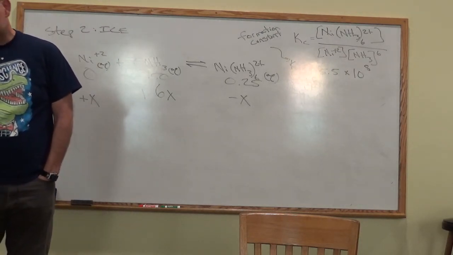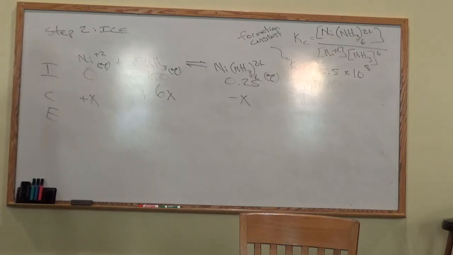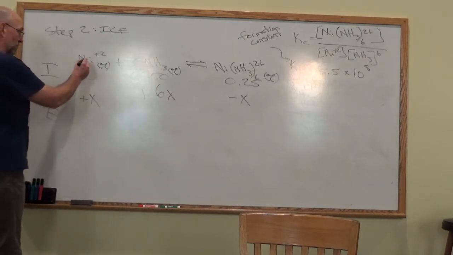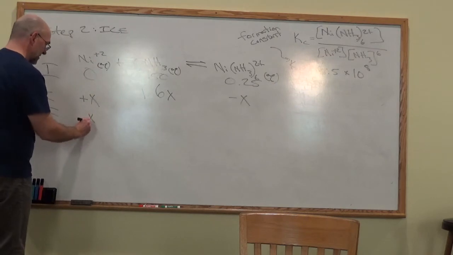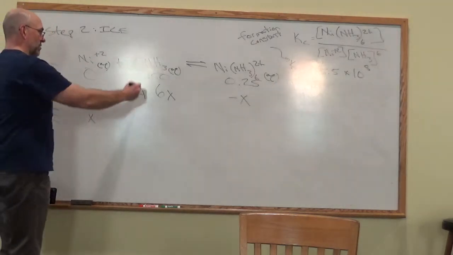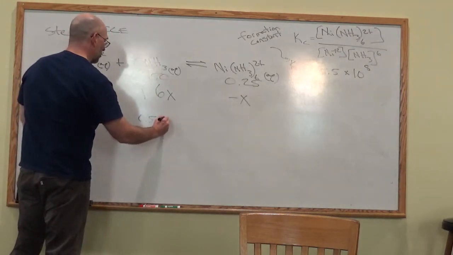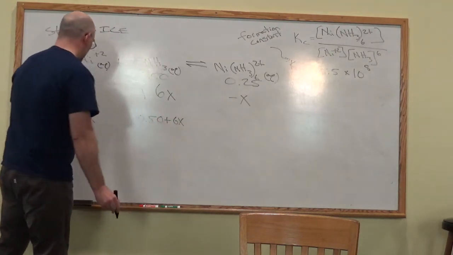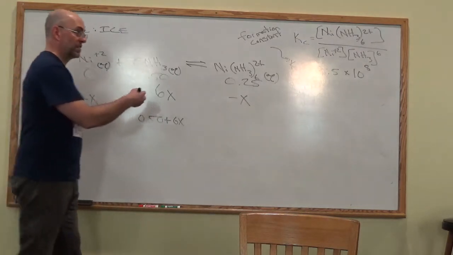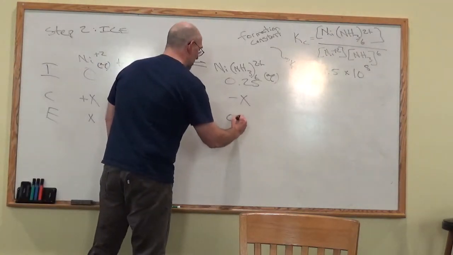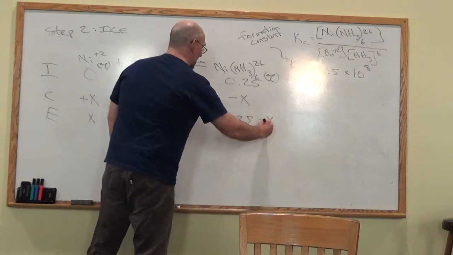Okay, so that looks kind of like a pain. Well, that's actually not going to be a pain at all. So the equilibrium concentration of nickel is going to be x. The equilibrium concentration of ammonia is going to be 0.50 plus 6x. And the equilibrium concentration of the complex ion is going to be 0.25 minus x.